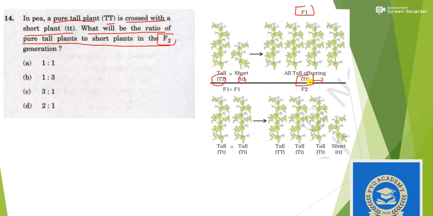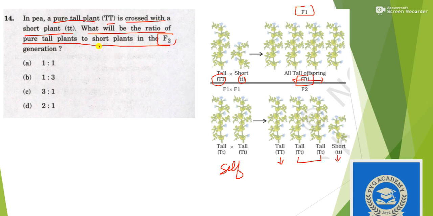Tall is the dominant character and short is the recessive one. But in F2 generation, the F1 generation was self-pollinated. Okay, so it was seen that there was only one true tall, two tall but not pure tall, and the third one was short.